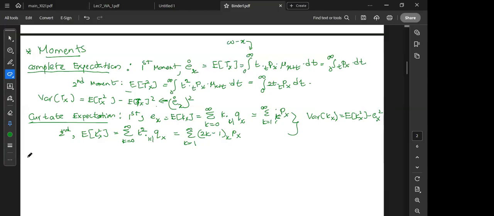And now let's move to the same concept for a different modification. So here the complete and curtate expectations consider the lifetime up to death, or the maximum lifetime, or the time point where the maximum can occur. But we know for some products, the coverage period is limited. That means we have to use only a part of the life distribution.